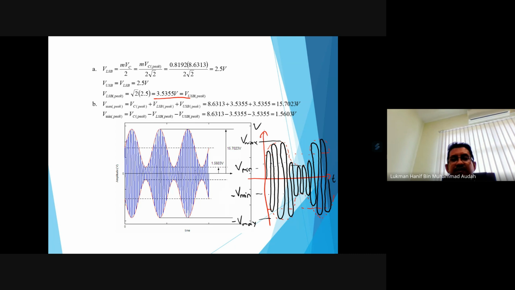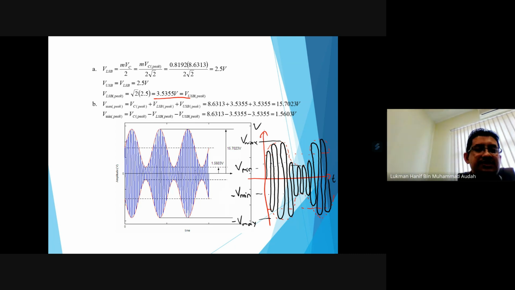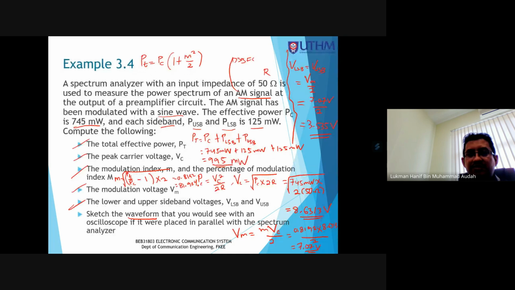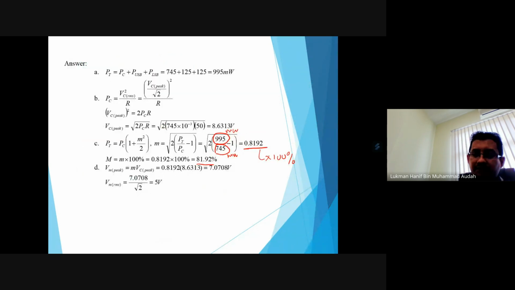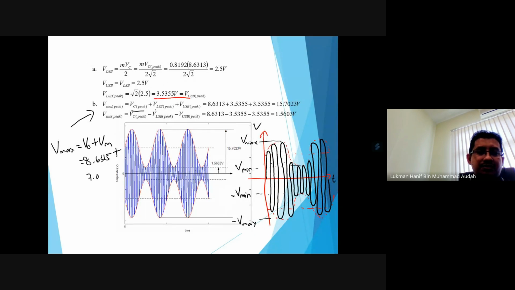So how to calculate Vmax and Vmin? It is stated over here. Vmax is Vc plus Vm. Why is it complicated like this? So Vmax is equal to Vc plus Vm. Vc is 8.6313 plus Vm that we already found, 7.07.